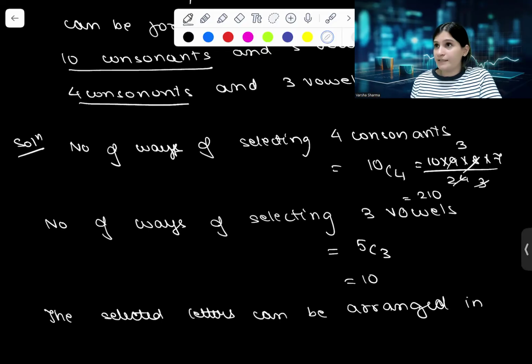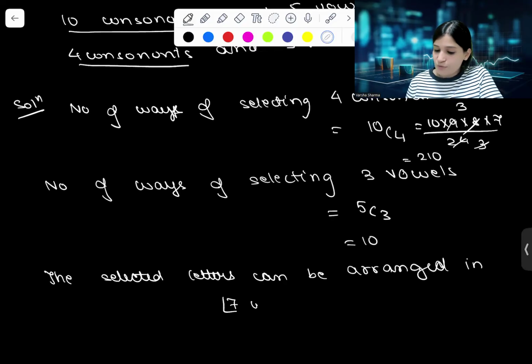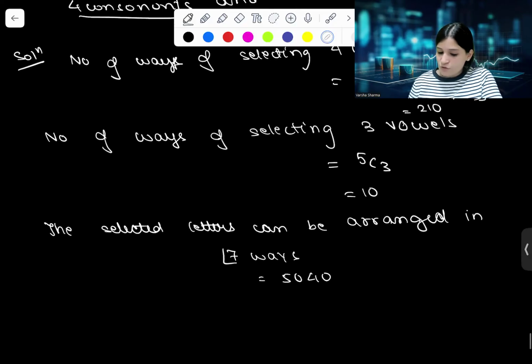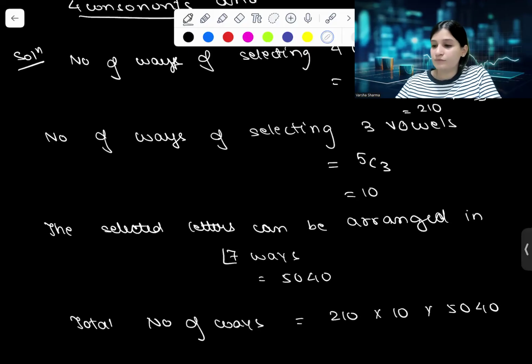I've selected 7 letters. Now arrange those 7 letters. 7 factorial ways. That is 5040. So total number of ways, selection as well as arrangement: 210 into 10 into 5040.